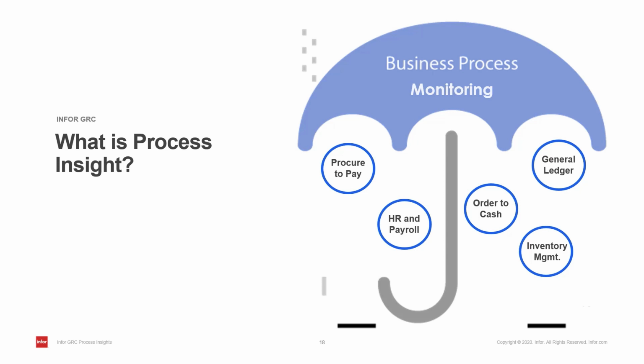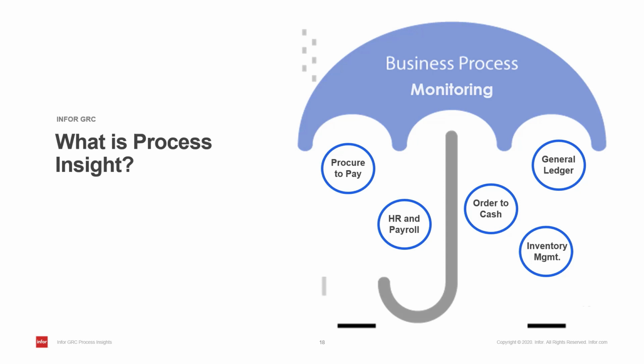And once the analysis is done using this feature, the result is available on a single UI where you can view the entire set of details, you can attach evidences and you can mitigate the respective violations and eventually perform a closed loop remediation process. So that is what Process Insight is all about.